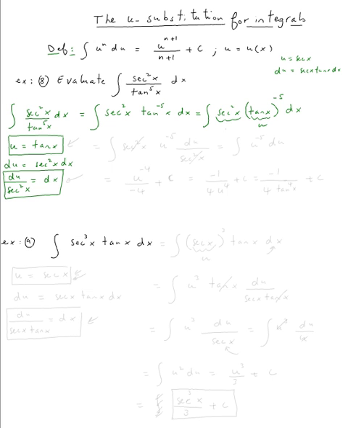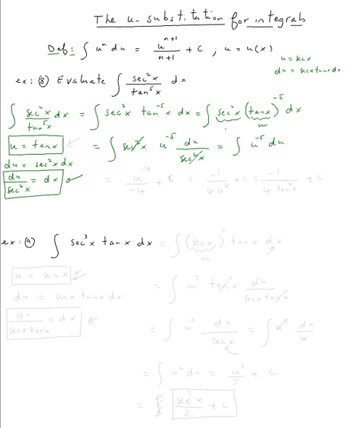So this is going to be equal to the integral of secant squared x, times u to the negative 5, since tangent x is u, and my dx is right here, du over secant squared of x.